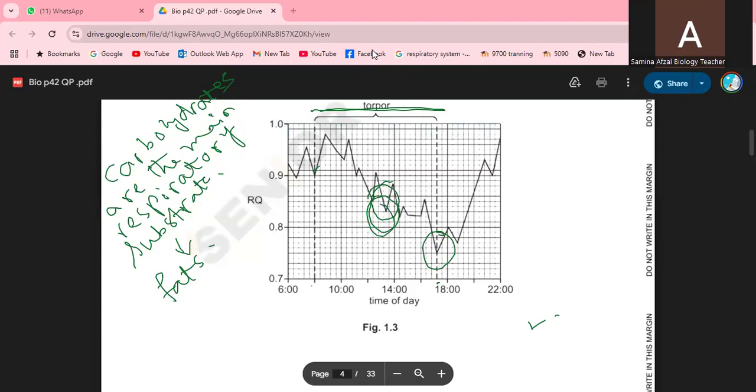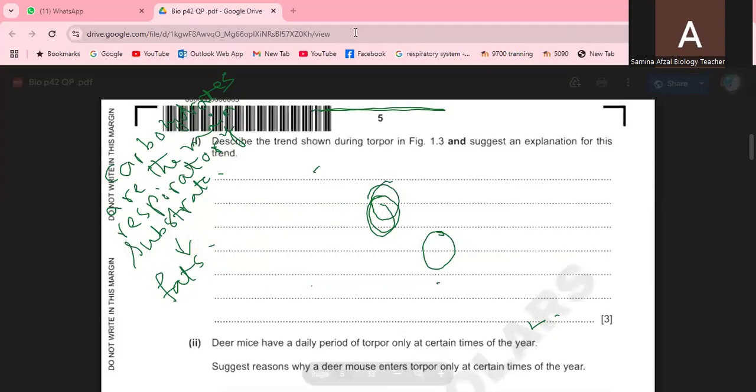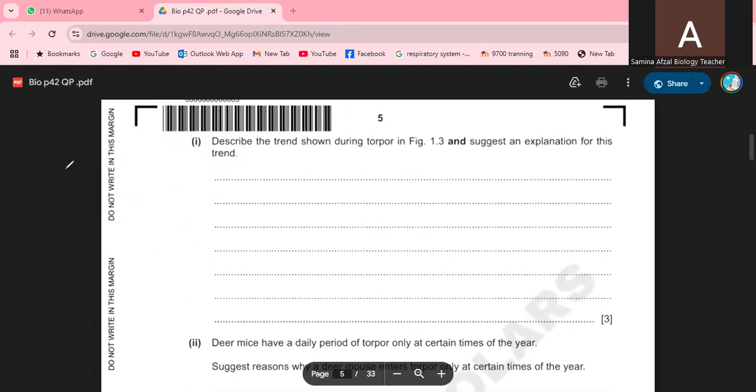So these fluctuations show the RQ values for different substrates. Now I am going to write the answer after this explanation. During torpor, the animal is using all three different types of fuels, that is carbohydrates, fats, and proteins as well.